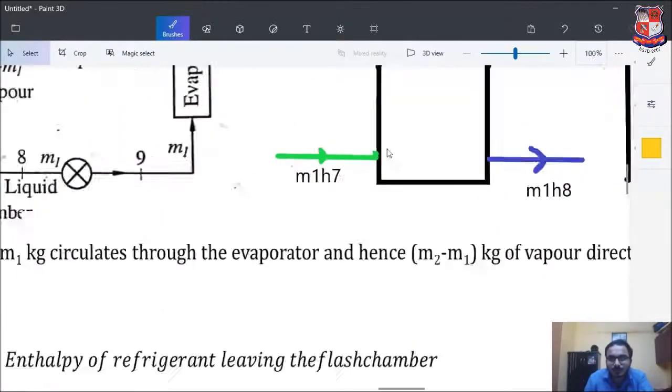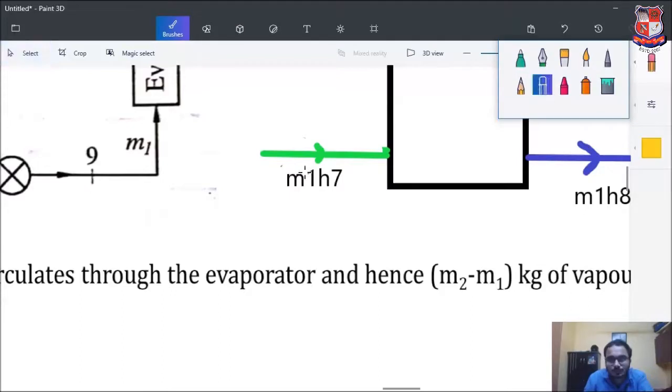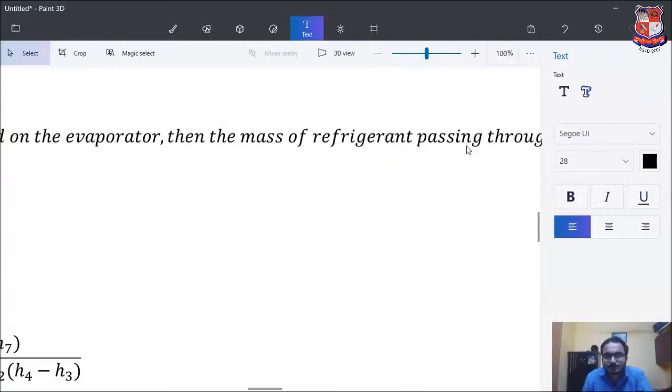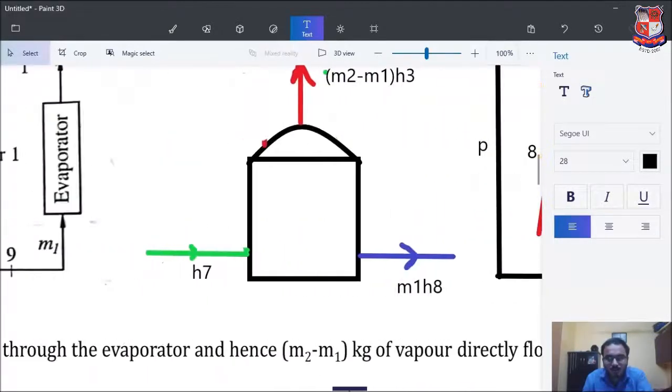This has to be M2. M2H7. Now it is correct.